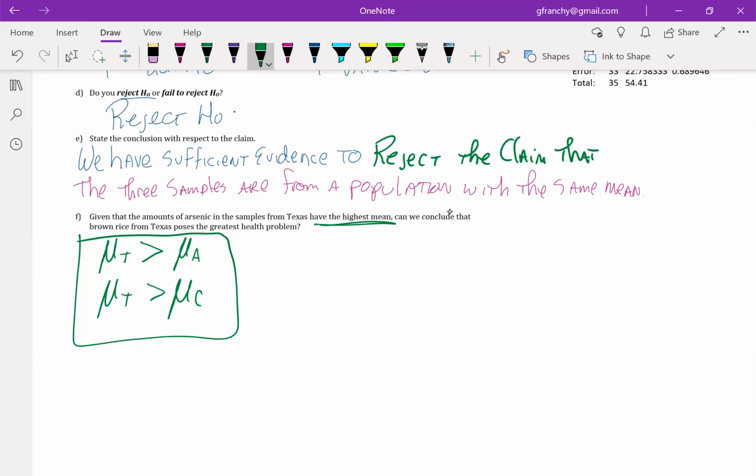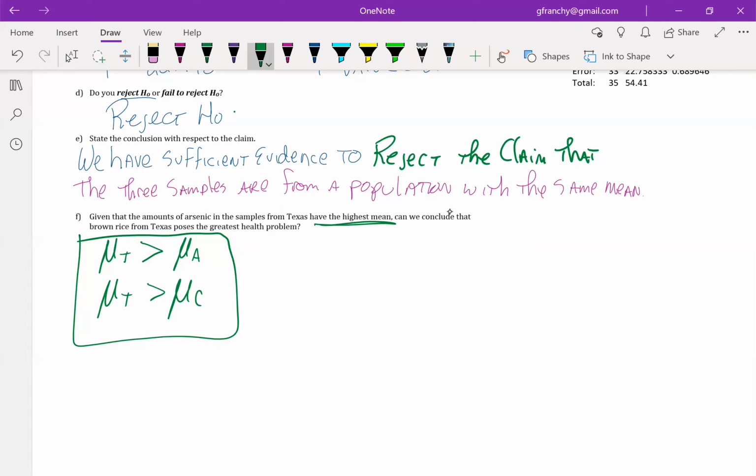And I'm only being somewhat facetious here, because this is where our knowledge of context really comes into play. If we were doing this out in the real world, we would probably know a lot more about arsenic, and we'd have a lot more background knowledge about what's going on.